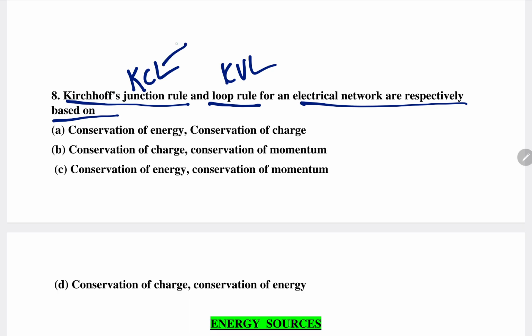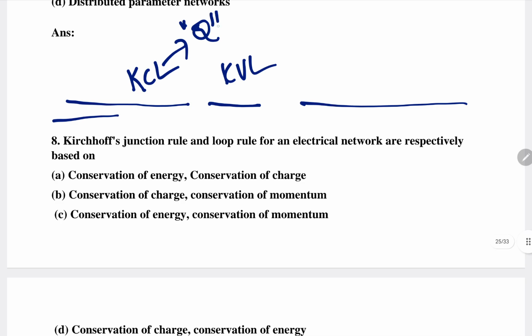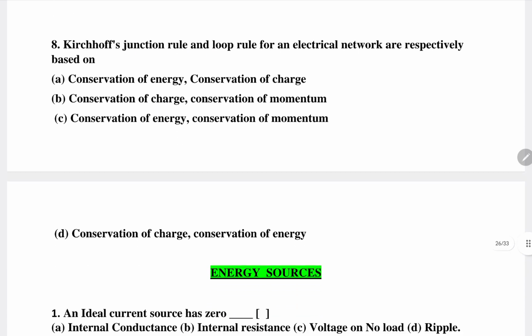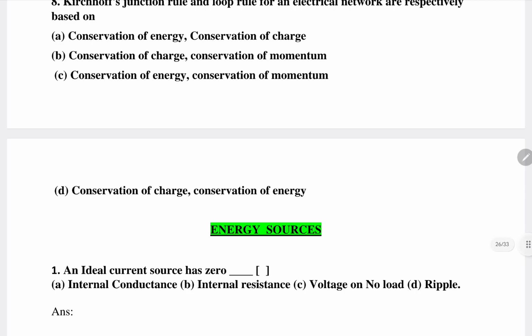We know KCL is based on conservation of charge. KVL is based on conservation of energy. So that option we have to see. KCL is based on conservation of charge, KVL is based on conservation of energy. So answer is D.